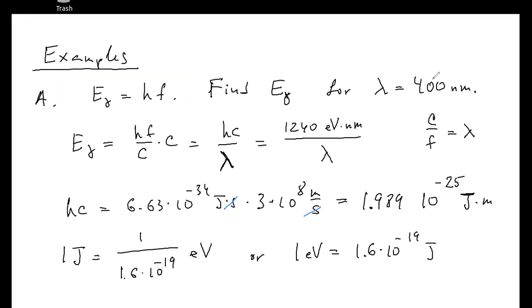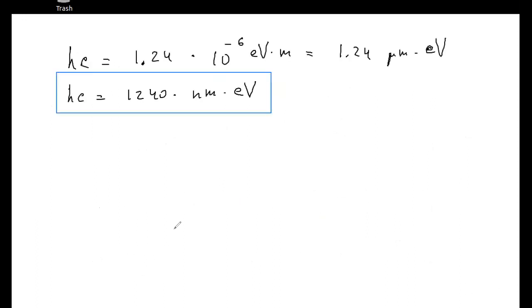So then if you have blue light, which has a wavelength of 400 nanometers, what will be the energy of the photon which corresponds to this wavelength? So now it's a piece of cake, yeah?